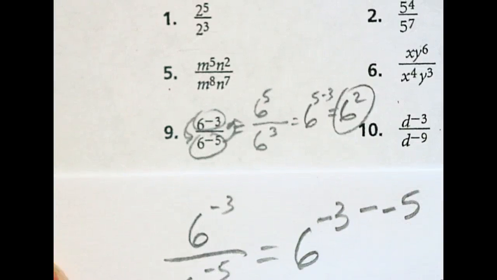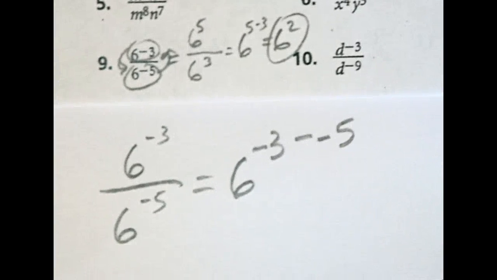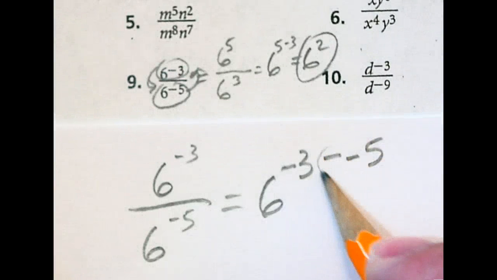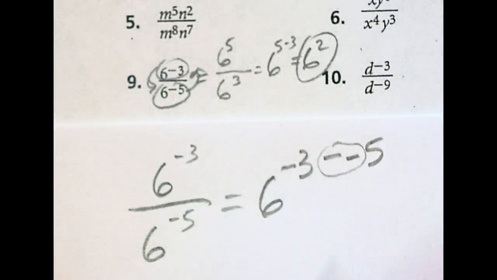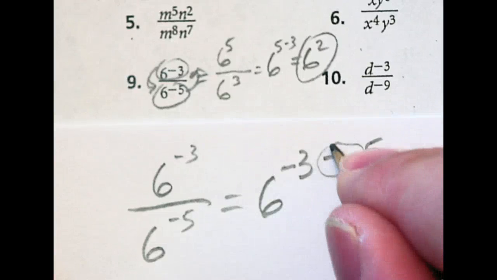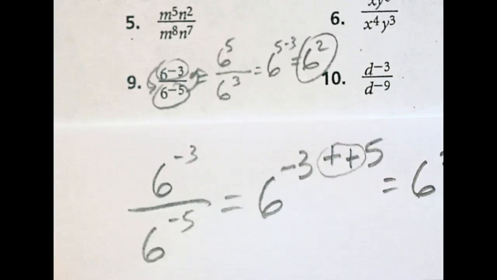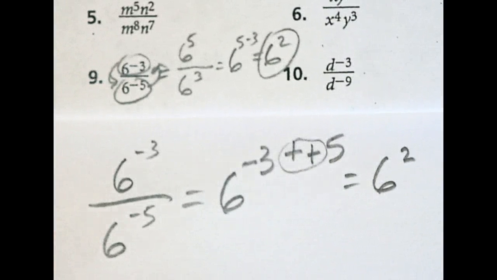Okay, anyone do it like that? What happens right here? Dylan? That becomes plus. Okay, so that gives us 6 to the 2nd. That's another way to do it, right? That gives us our 6 to the 2nd. Any questions there?